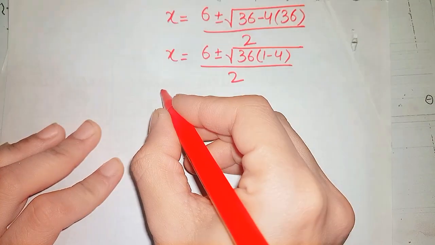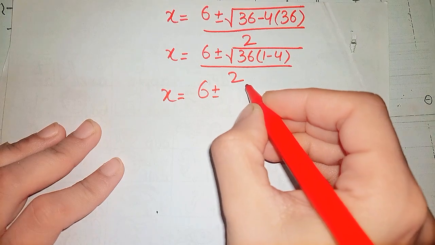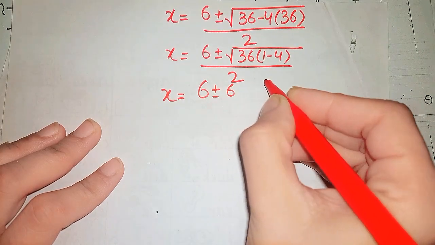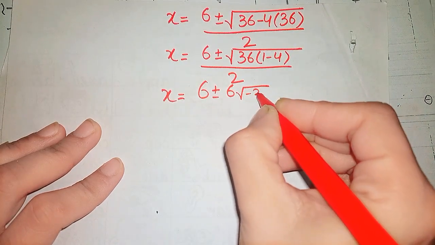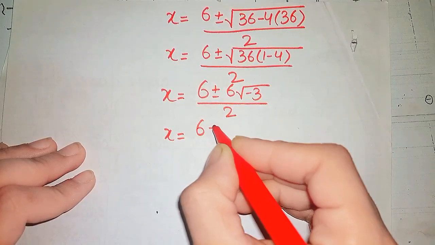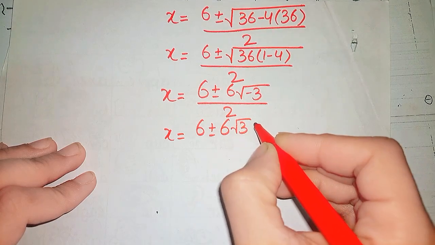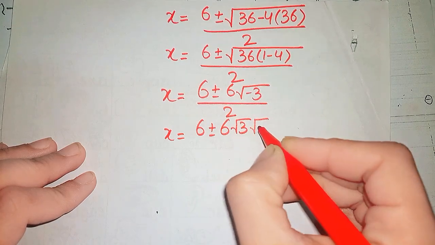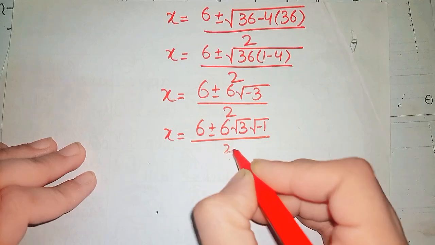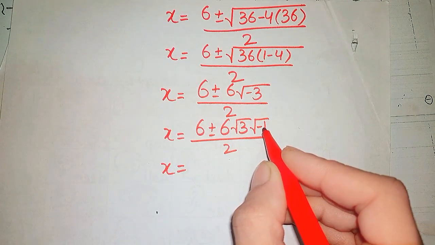Now as we can see, x equals 6 plus minus square root of 36, which is 6, and 1 minus 4 is minus 3, over 2. So x equals 6 plus minus 6 square root of minus 3 over 2, and we can write the square root of minus 1 as iota.